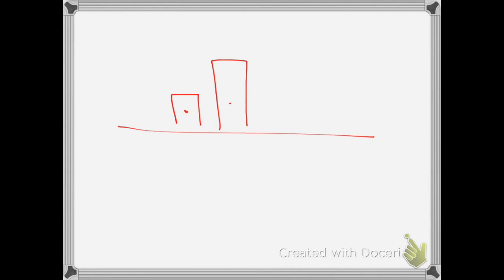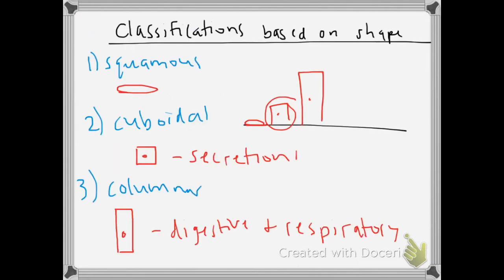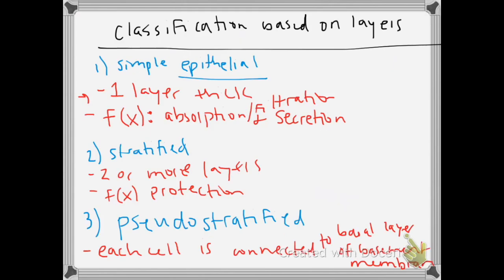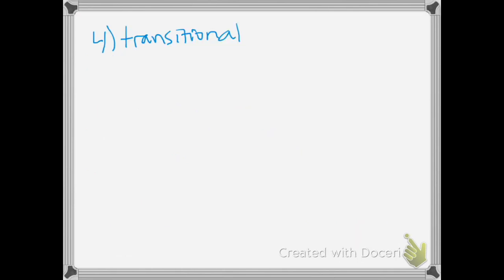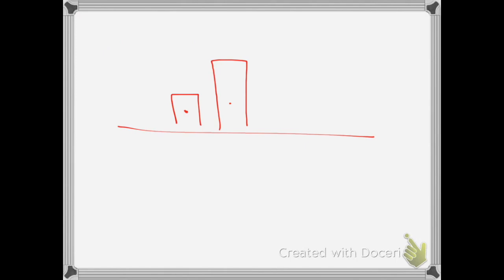So this columnar, now we can kind of mix these things with shape and layers. Okay, so let's do PCCE, which is pseudostratified, so that's based on layers, ciliated, columnar, based on shape, epithelium. So now if I draw some cilia, okay, so I have the ciliated columnar epithelium, and then I have this cuboidal cell.